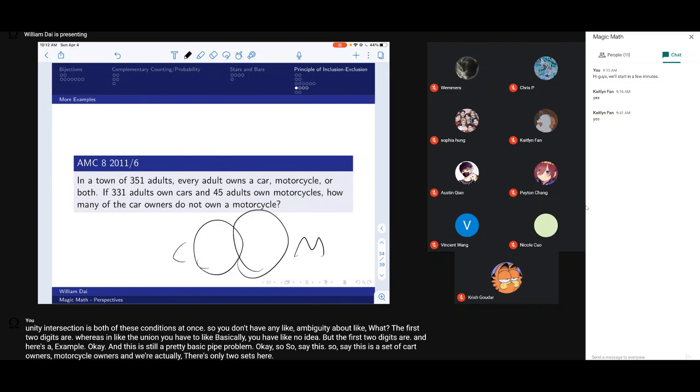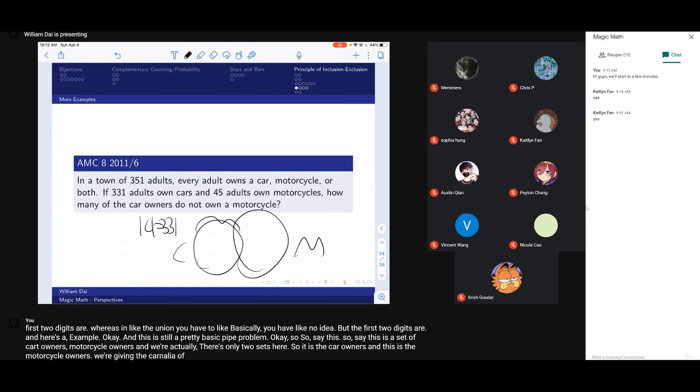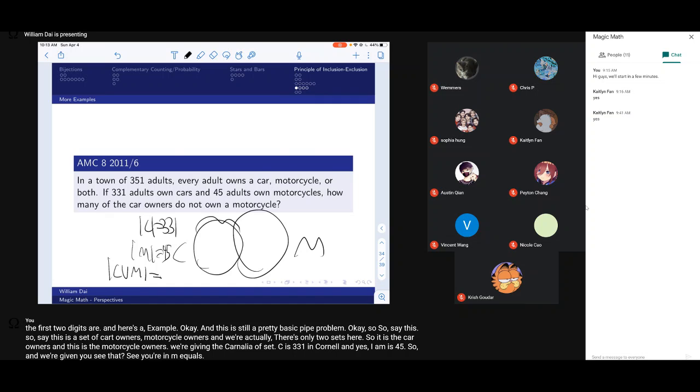So this is the car owners and this is the motorcycle owners, and we're given the cardinality of set C is 331, the cardinality of set M is 45, and we're given that C union M equals 351.